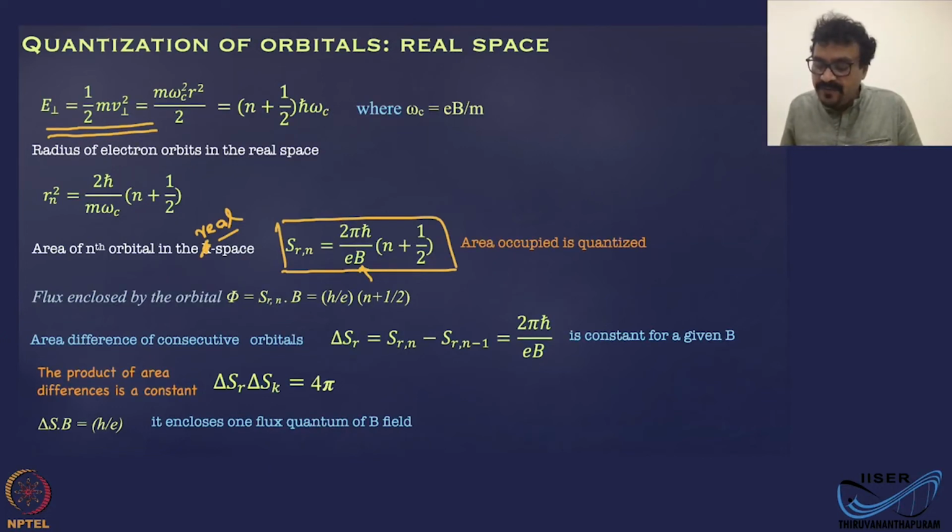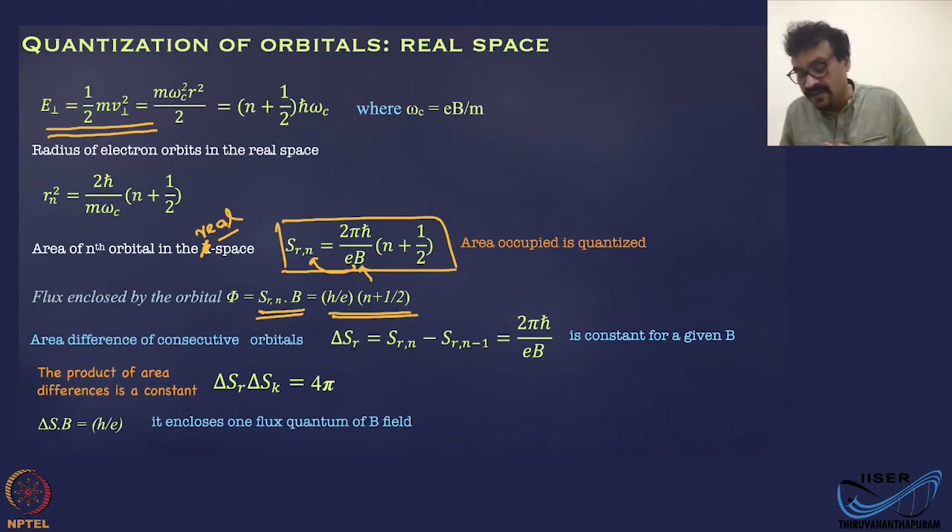Now, you can look at what is the flux enclosed by the orbital, okay. If I take this B and multiply that by the area, that is B dot S, that is the total magnetic flux enclosed by the orbital, and what you are seeing is that it is actually quantized.